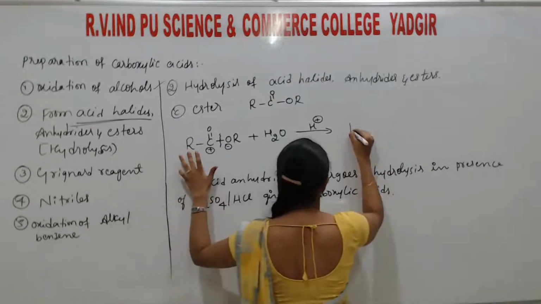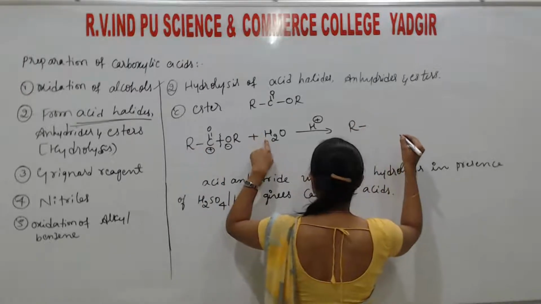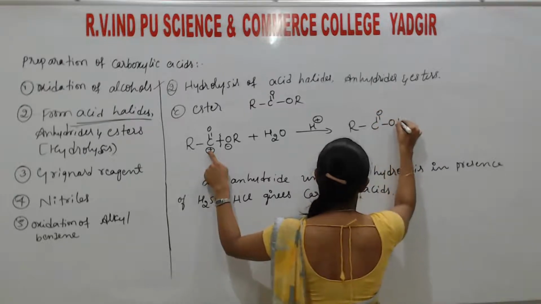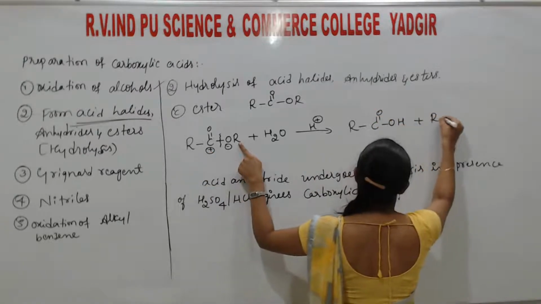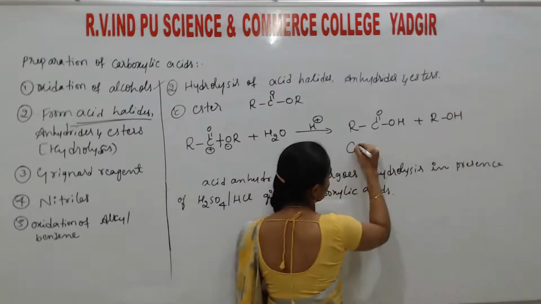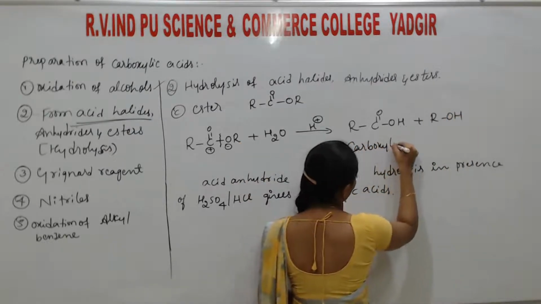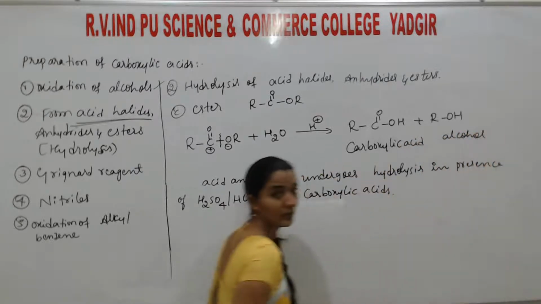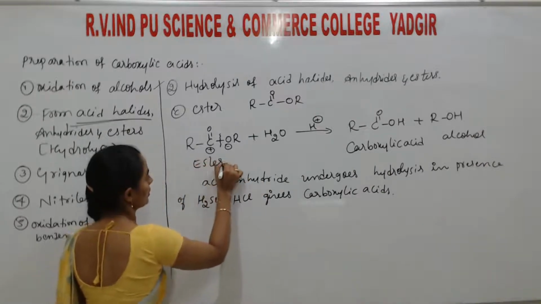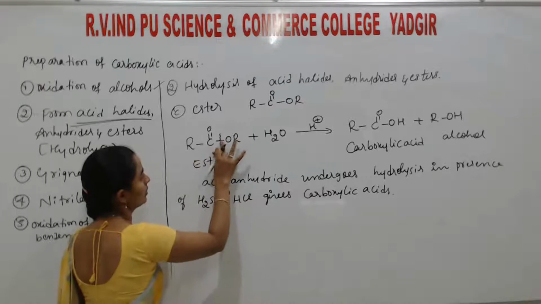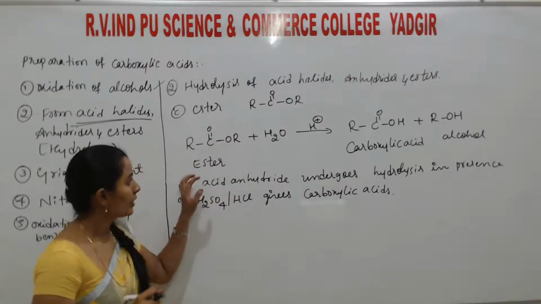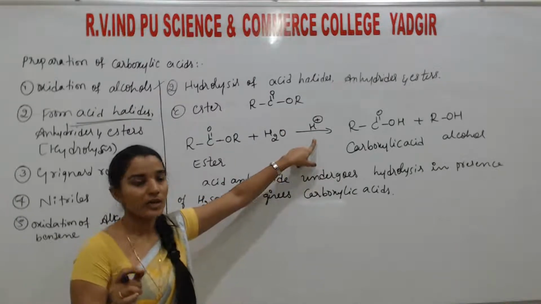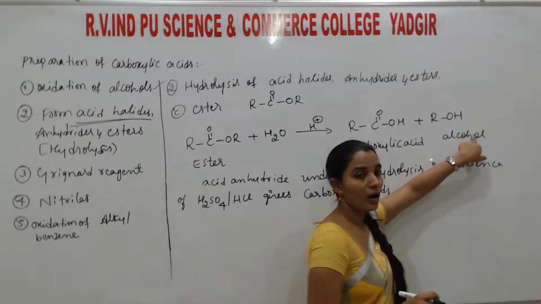Then you remember, if this is dissociated as H plus and OH minus, OH is attached here, so C double bond OH, and H plus is going to attach to the R. So one is carboxylic acid, another one is alcohol. So this is the ester. When ester undergoes hydrolysis in presence of acids, which type of acids? Dilute acids, gives carboxylic acid and alcohol.